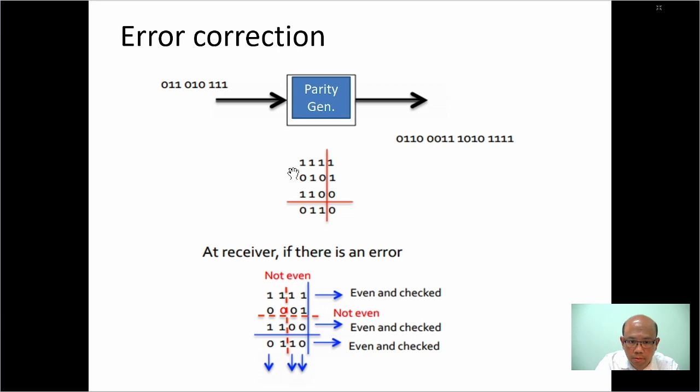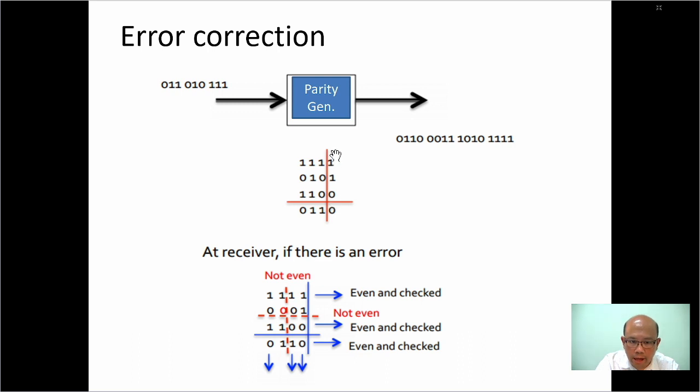In this row, 1, 1, 1, 1, 1, 1, I change it to the even form, so I append 1 here. For 0, 1, 0, there is only one 1, so I change it to even form by appending 1 here. For 1, 1, 0, I append 0 here.